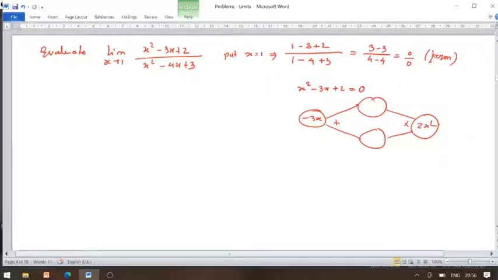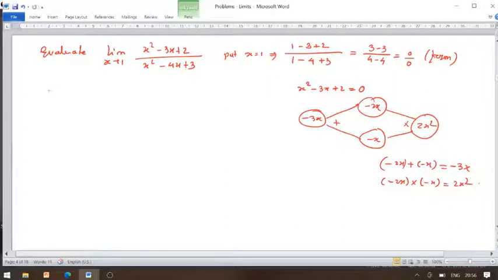The required terms are minus 2x and minus 1x, that is minus x. After adding them, definitely it gives us minus 3x, and after multiplying them, definitely it gives us 2x square.